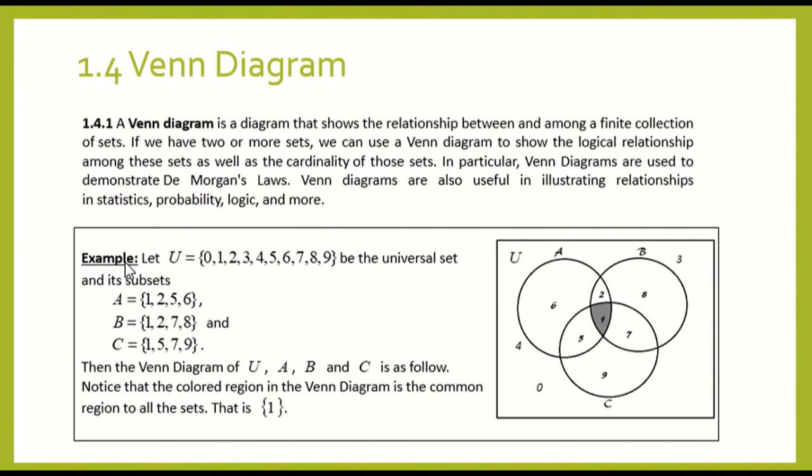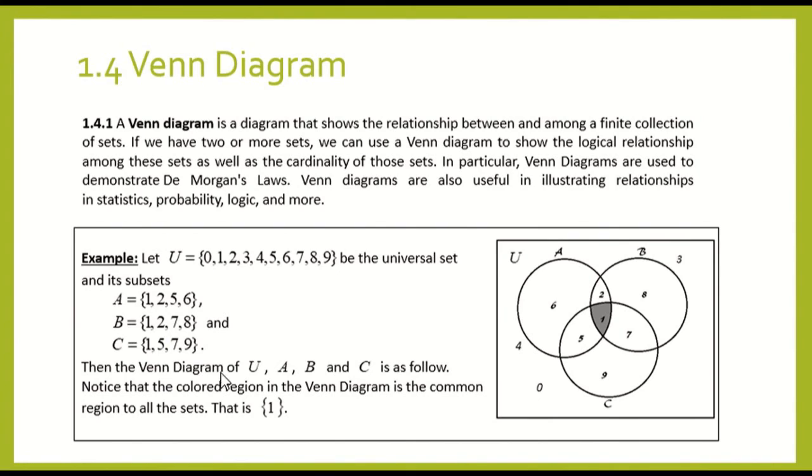Okay, example. Let U, the universal set, have elements 0, 1, 2, 3, 4, 5, 6, 7, 8, and 9. Its subsets are sets A, B, C. Set A has elements 1, 2, 5, and 6, set B has elements 1, 2, 7, and 8, and set C has elements 1, 5, 7, and 9.